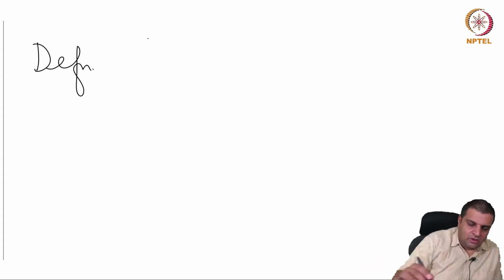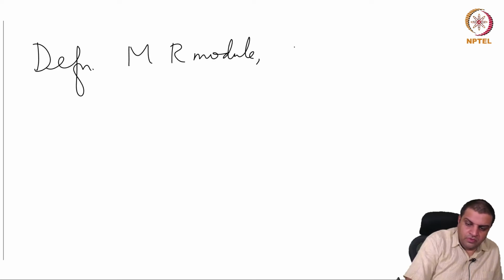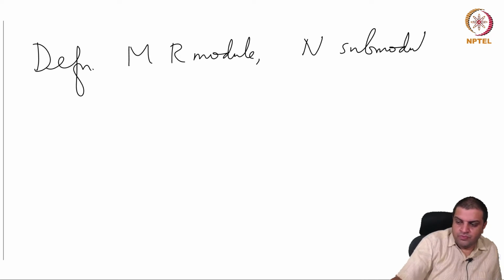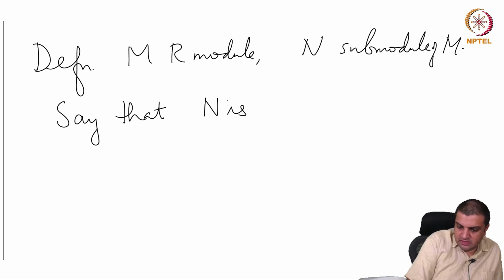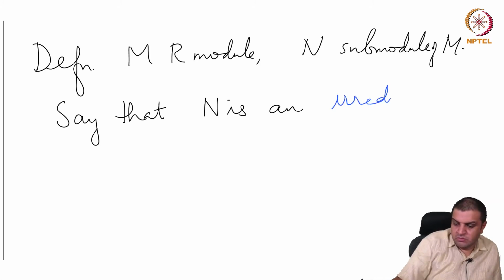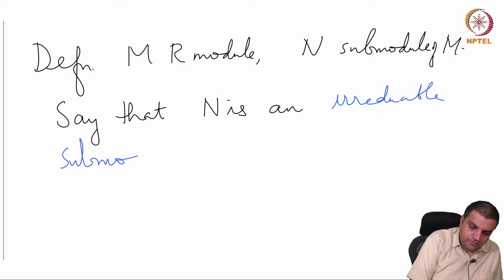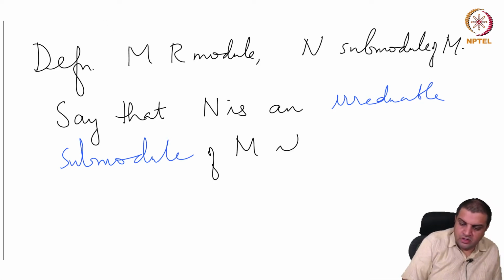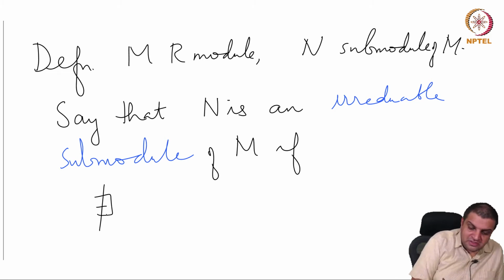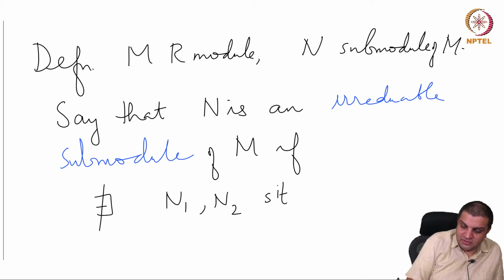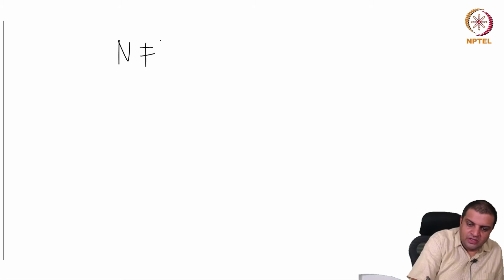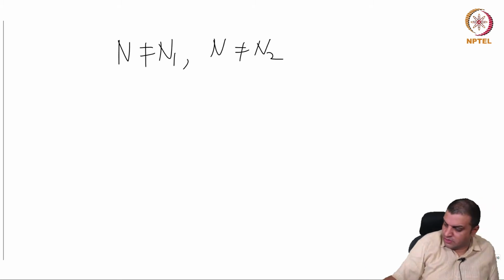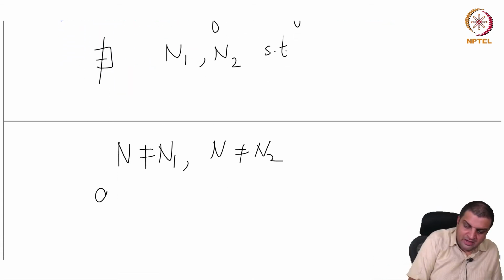Again, R is a commutative ring, M an R module, N a submodule of M. We say that N is an irreducible submodule of M if there do not exist N1, N2 such that N is not equal to N1, N is not equal to N2, and N is their intersection.